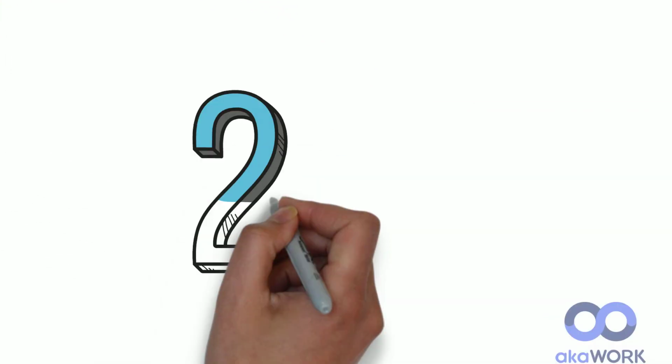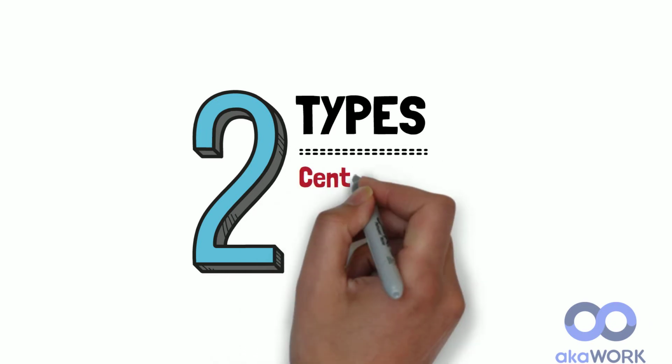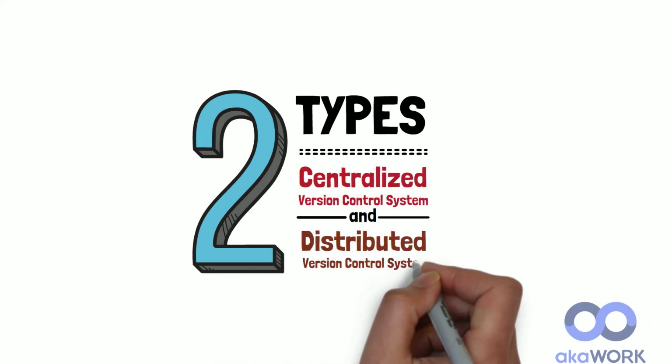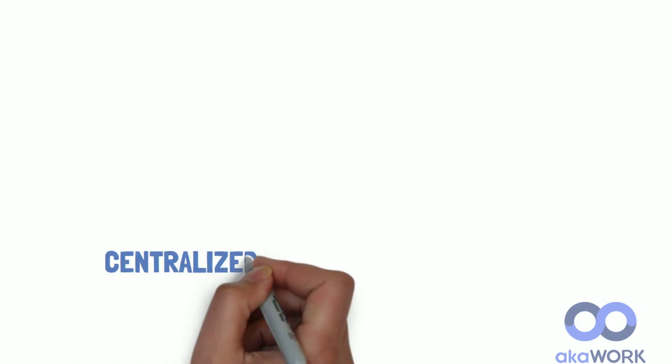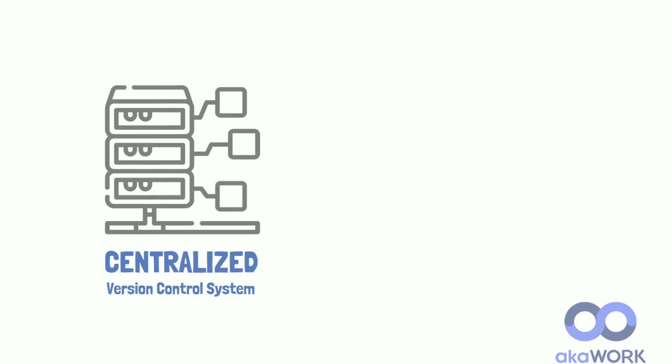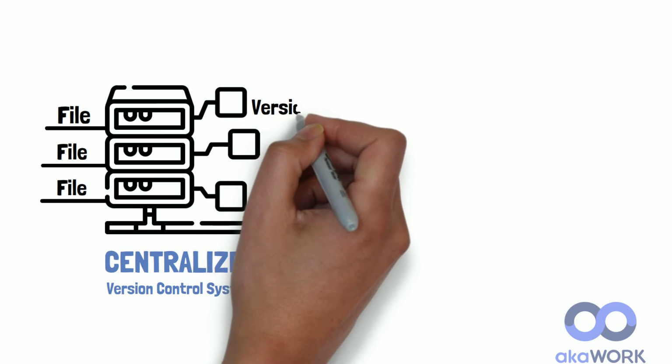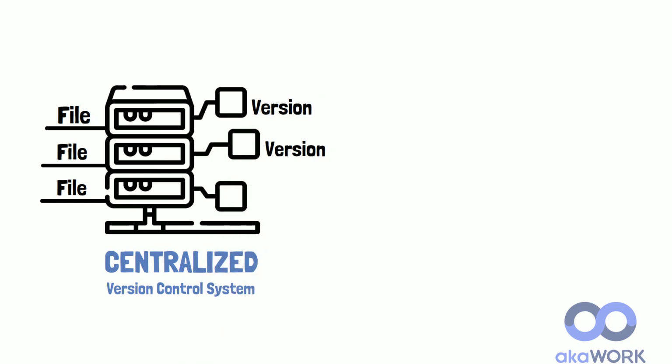A version control system has 2 main types, centralized version control system and distributed version control system. First, let's talk about the centralized version control system. The centralized version control system has a central server where all files are stored and everyone has to check in and check out from the server. All versions are managed within that server.